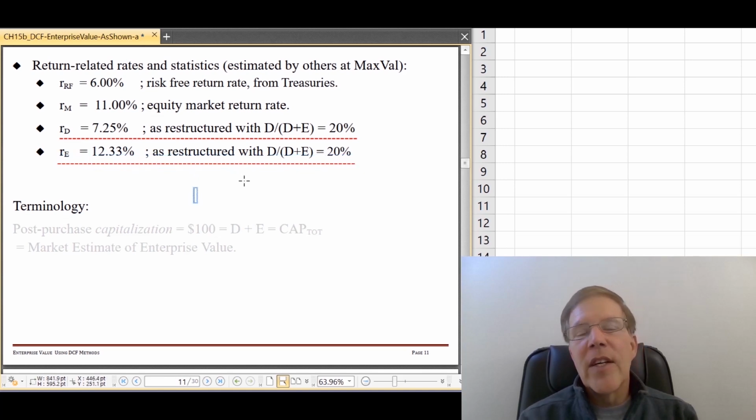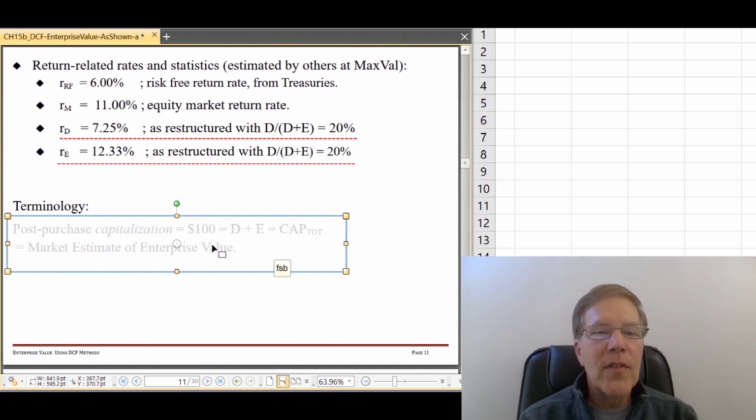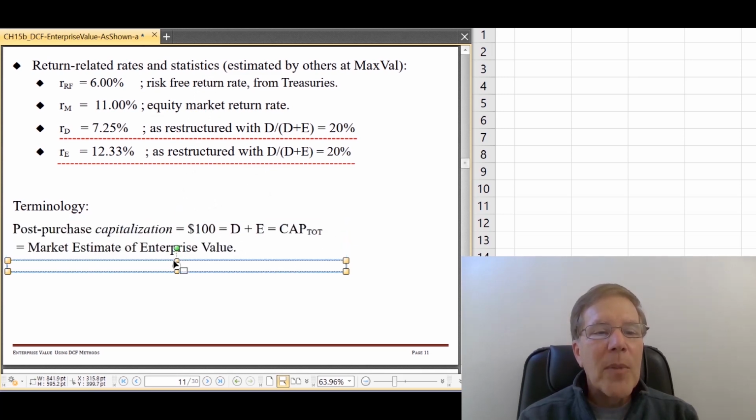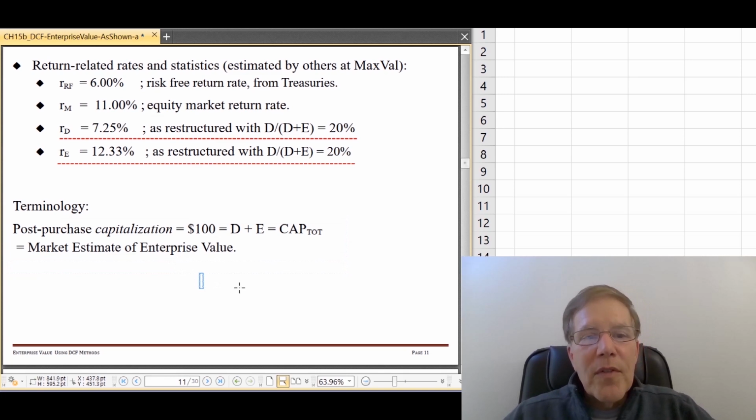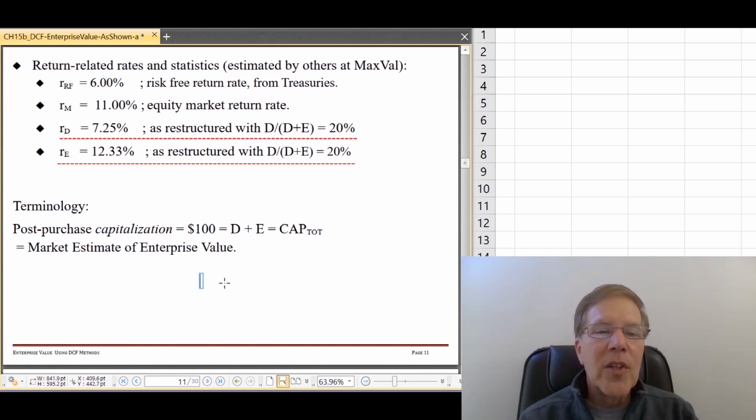We looked at in the last chapter how to compute RE from CAPM, so we're not going to torture ourselves with that again in this chapter. We'll say that our managing director has given us this information. A little bit of terminology that's good to know: in the world of finance, folks would say the post-purchase capitalization of the firm is going to be 100 million.